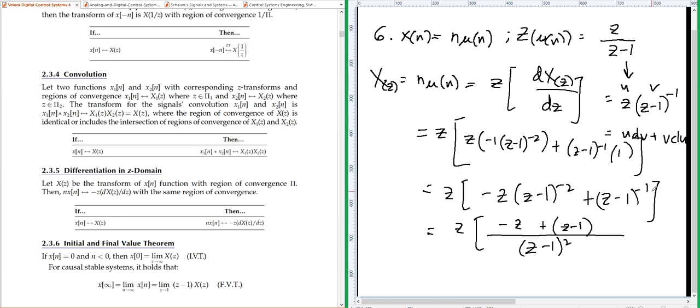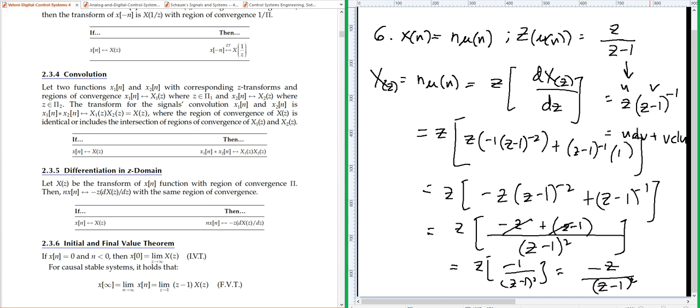So negative z plus z leaves negative 1 over z minus 1 squared, and multiplying by z, that would be negative z over z minus 1 squared.